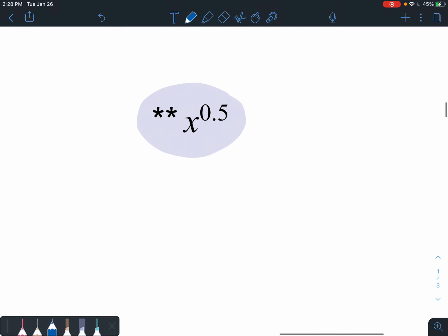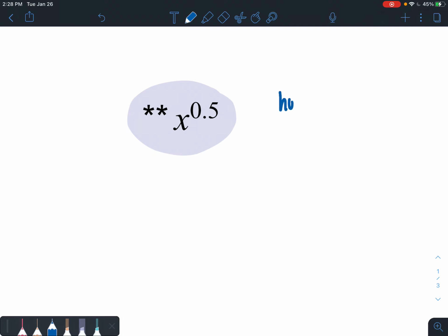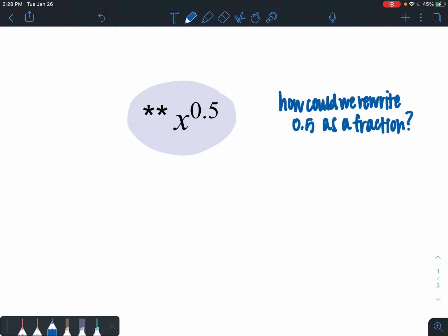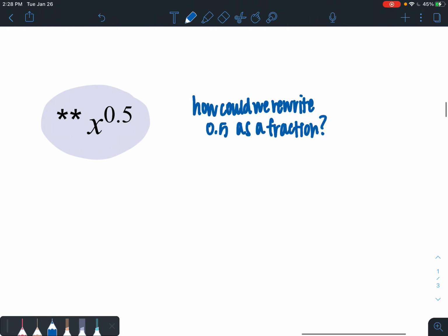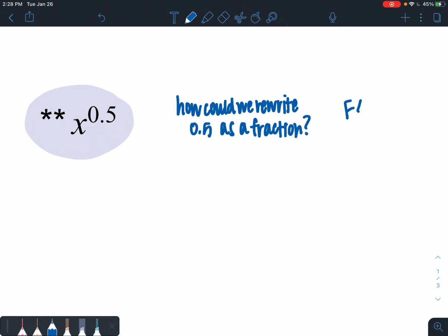All right, this next one. We've got 0.5. So how could we write 0.5 as a fraction? You should know it, but you can plug it into your calculator using that fraction to decimal button.